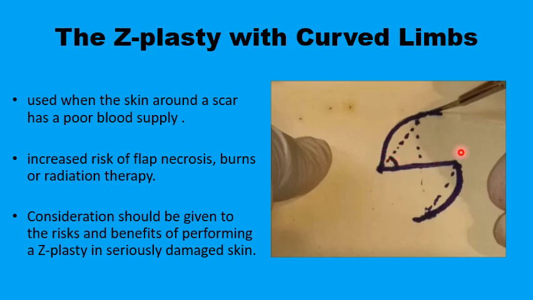In situations where the skin is previously irradiated or has a burn in it, you may increase the perfusion to the tip of the created flaps by increasing the angle, using curvilinear lines rather than straight lines in the created flap. It's important, however, in such situations where there are concerns about the blood supply of the skin, to consider carefully the pros and the cons of doing the Z-plasty in the first instance.